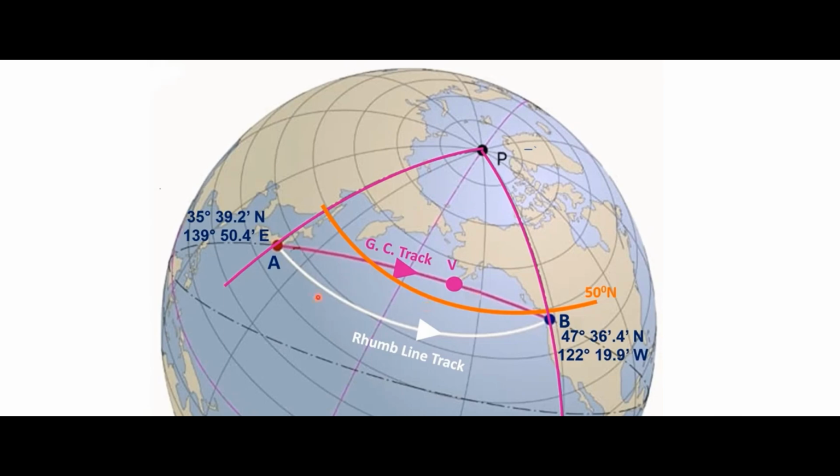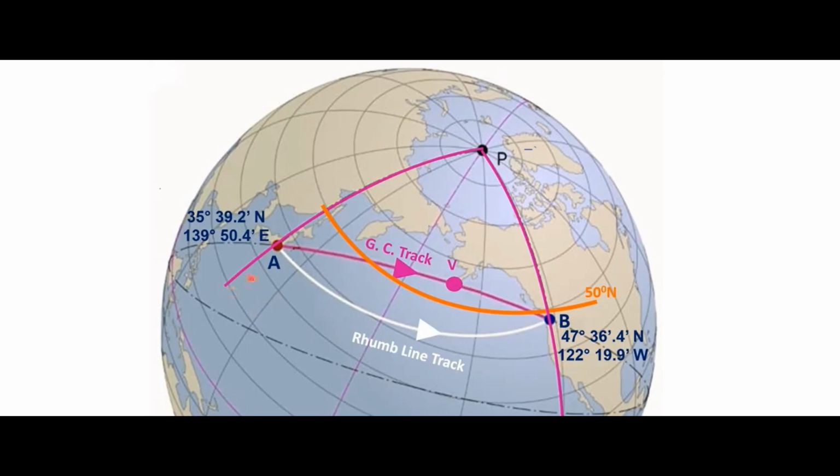In such cases, to strike a balance between the shortest possible distance and also meeting the requirements of not crossing the limiting latitude, the vessel may use a combination of sailing. In this case, a combination of great circle sailing and parallel sailing. What does the vessel do?